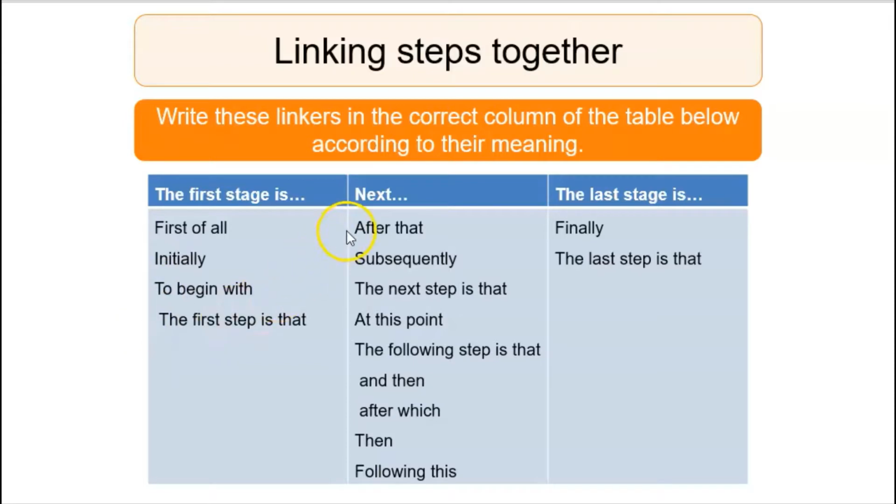For the second column, next, you should have written after that, subsequently, the next step is that, at this point, the following step is that, and then, after which, then, following this. And the third column, the last stages, you should have written finally, and the last step is that.